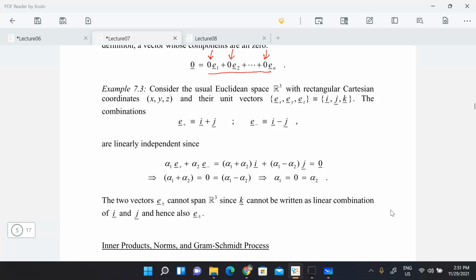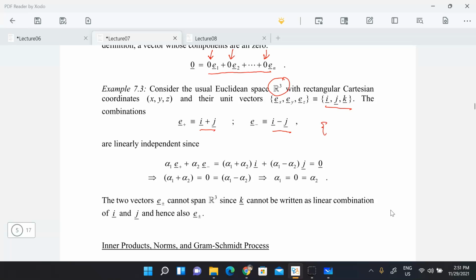The standard example in the case of R3 is to have your ijk basis. But you could also have something else, like E plus, which is I plus J, and E minus, which is I minus J. This is also a set of linearly independent vectors.